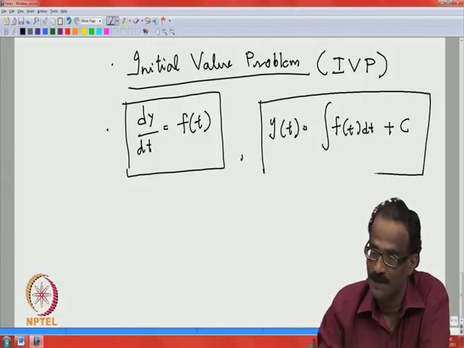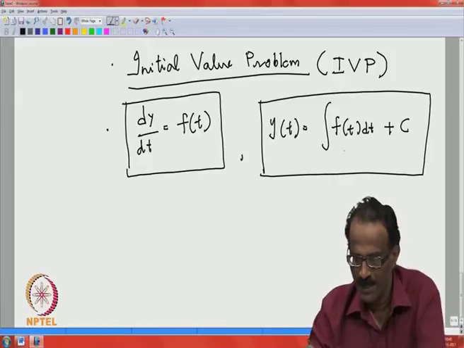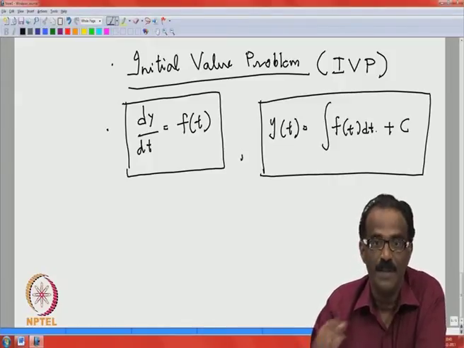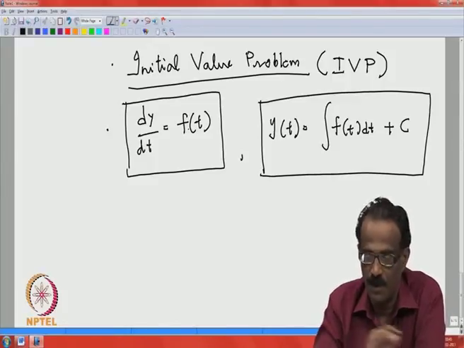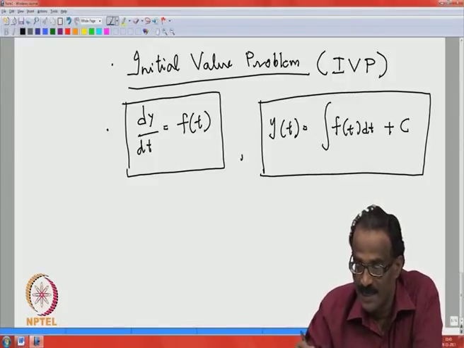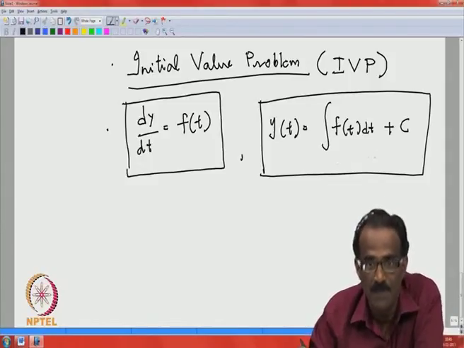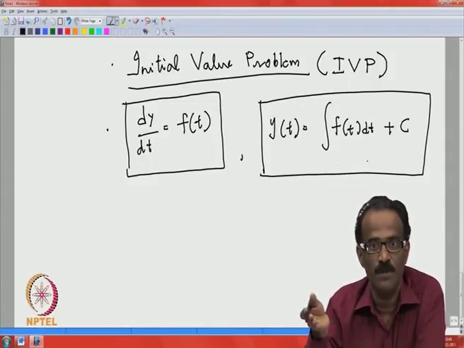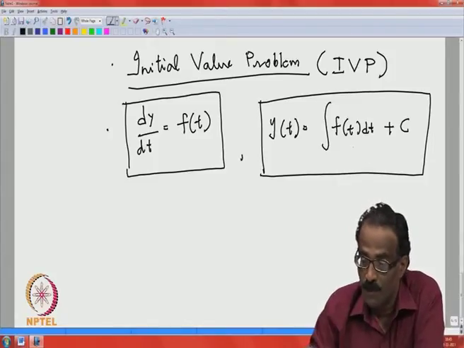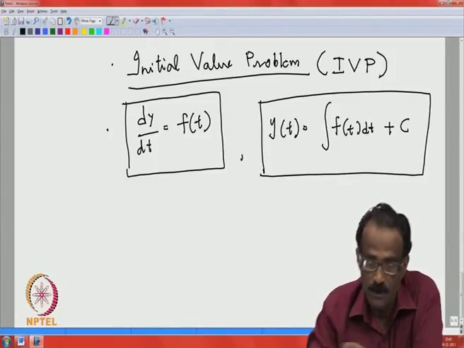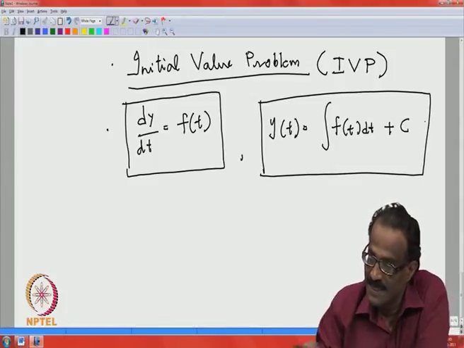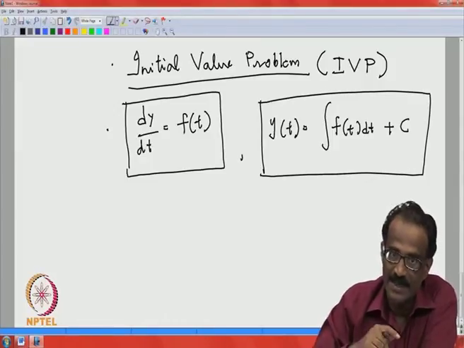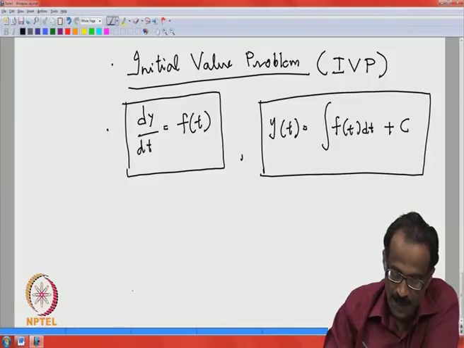If f is a continuous function, the integral can be defined using the concept of area, which is another issue, and the theorem finally tells you that all solutions to this problem are given by this one. So, if you wanted a particular solution, you can think that, as I said, y of t may be representing a trajectory.